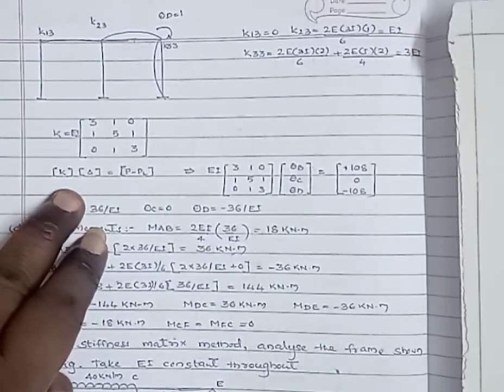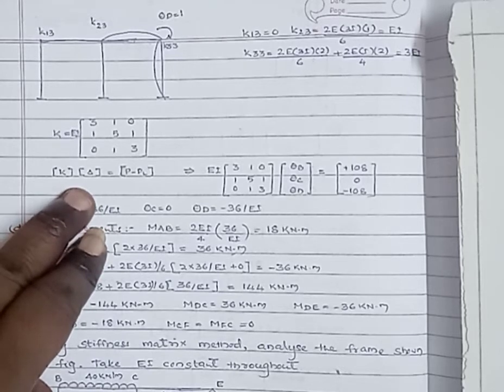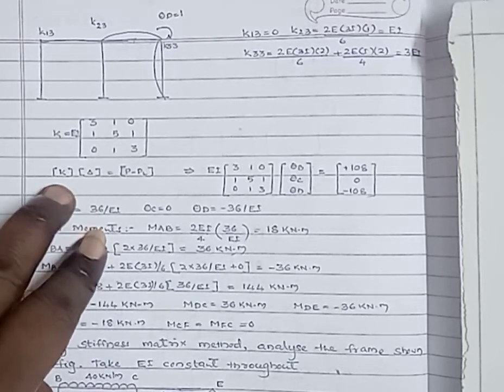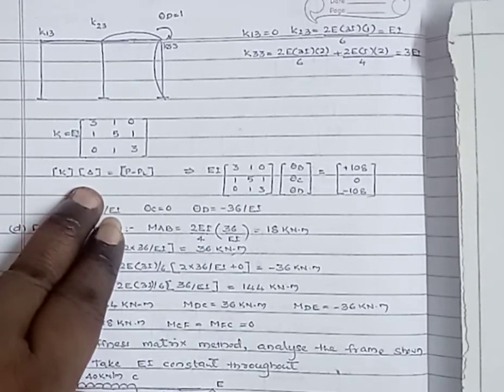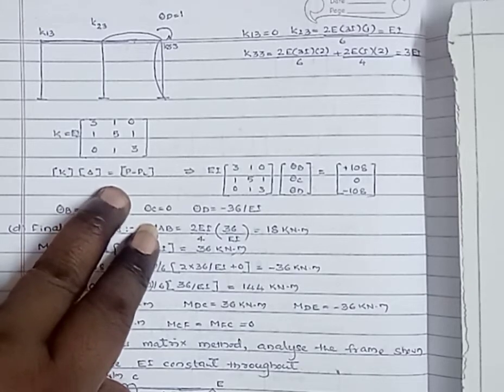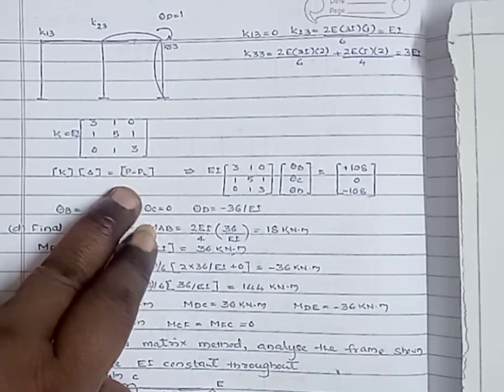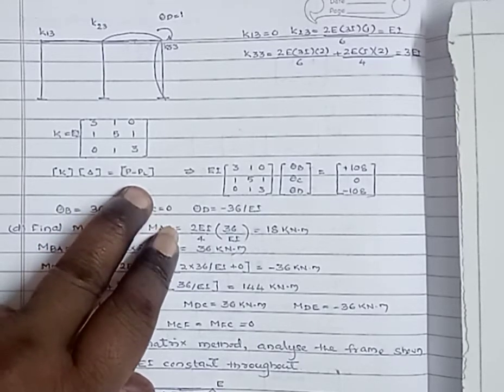Then, after writing the stiffness matrix elements, we know that to get the redundants, we can use the equation, that is stiffness matrix multiplied by the displacement or redundant matrix equals the load vector due to the pre-existing load minus the vector due to the loads acting at the various coordinates, that is PL.